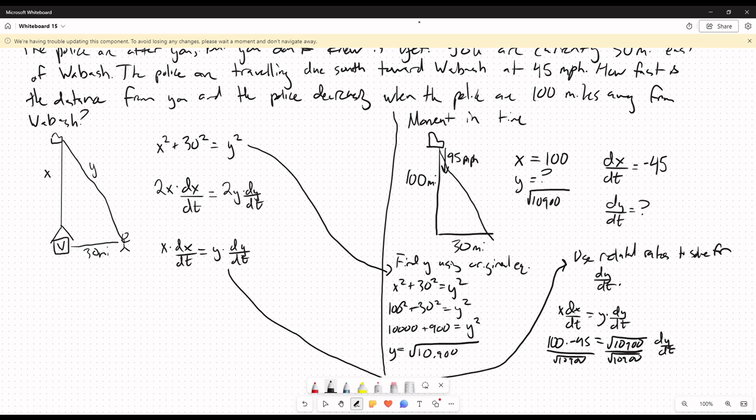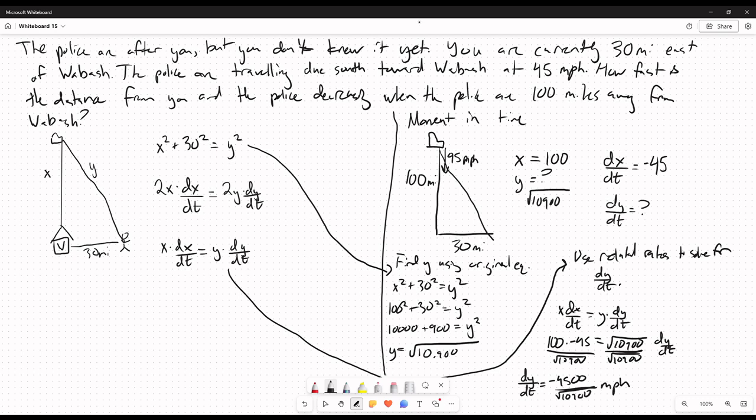And that's going to give us dy/dt equals negative 4,500 over the square root of 10,900 miles per hour.